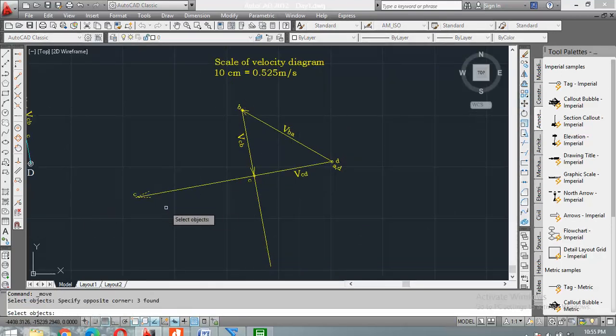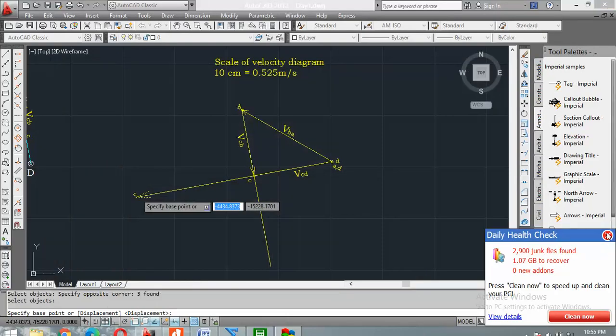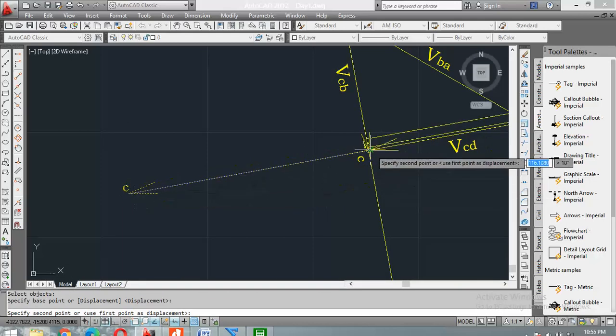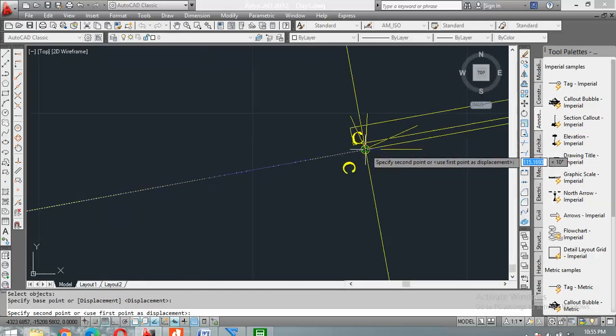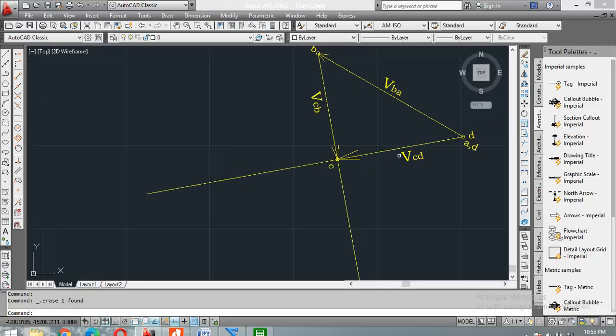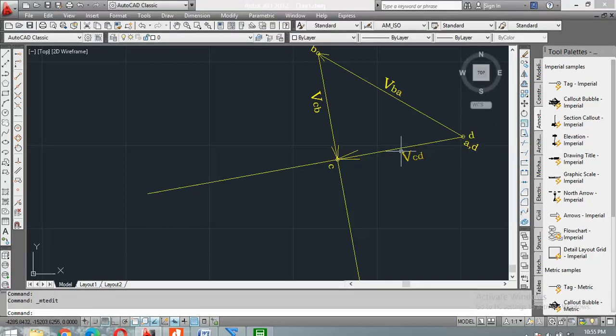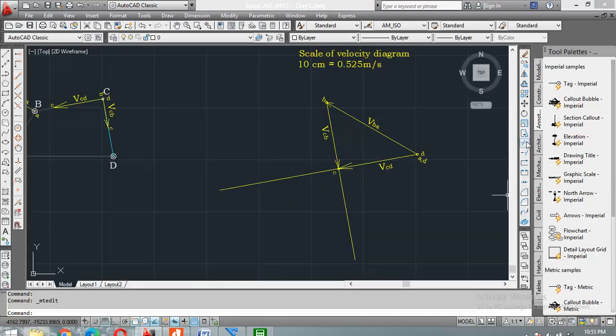I am shifting from here. So this vector represents velocity of C. See, first term, velocity of C with reference to D. See, this is the D. So I am trimming the excessive lines.